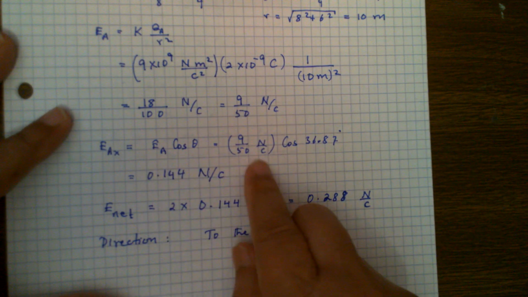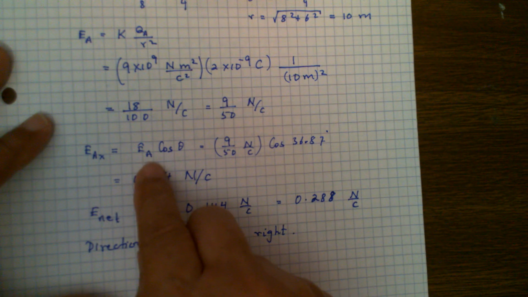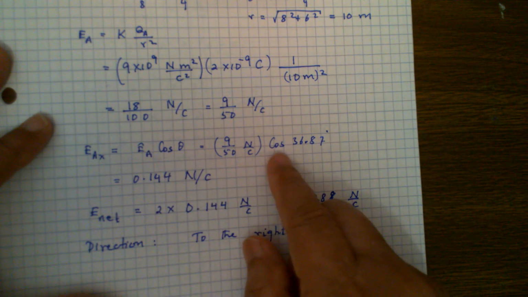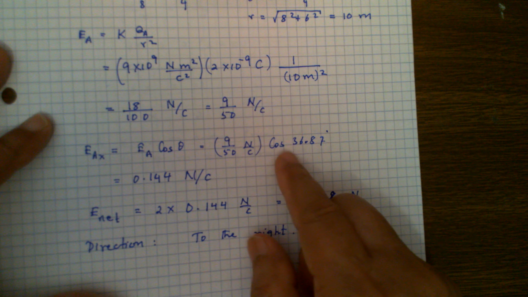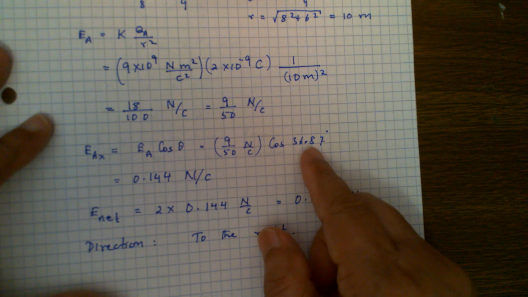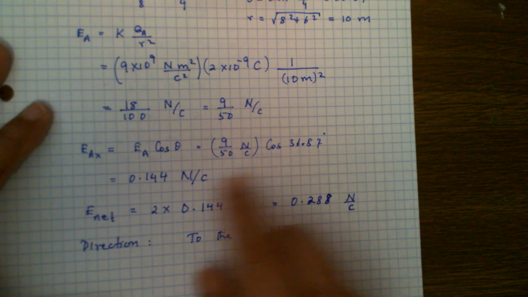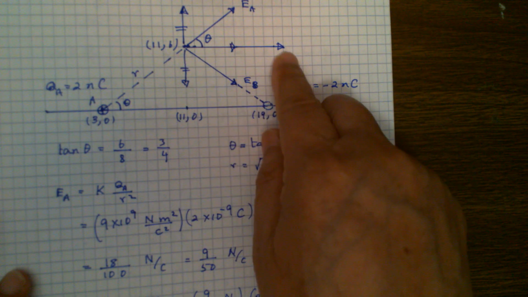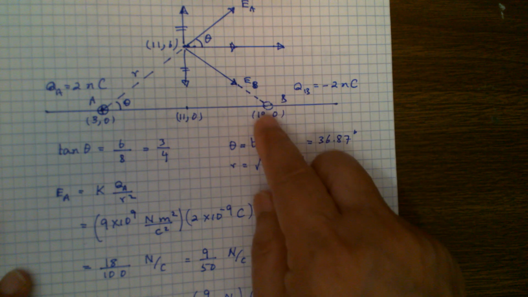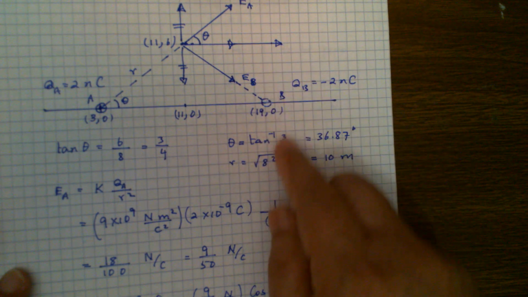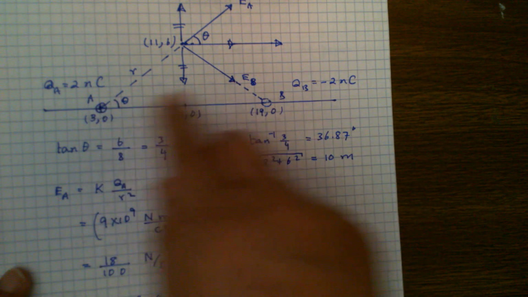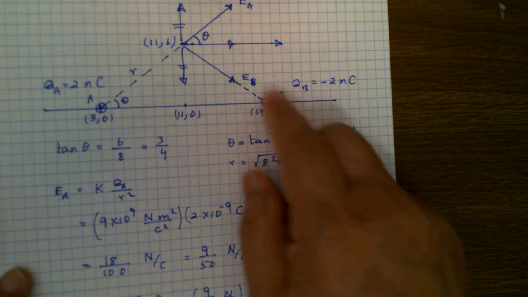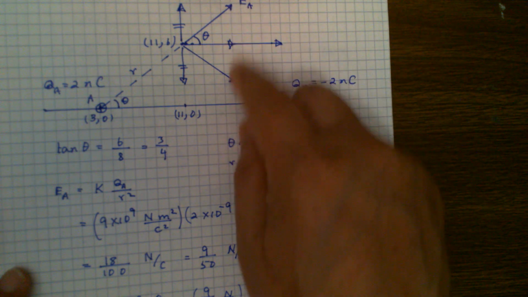So I use EAX is EA cosine theta, which is 9 by 50 times cosine 36.87 degrees, which I found to be 0.144. Now, EX from B will be the same value, because the two charges have the same magnitude. So now they will just add up.